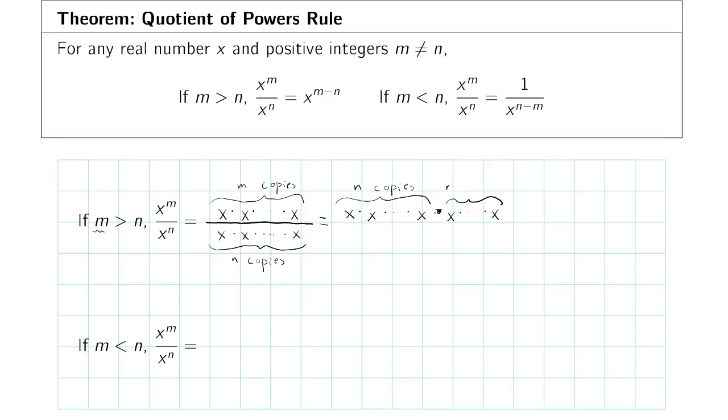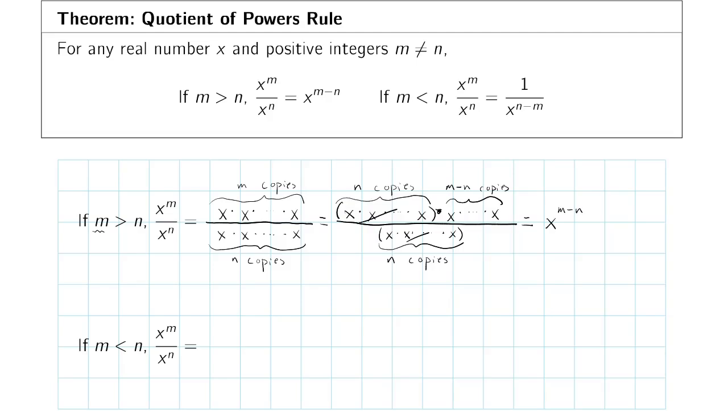Well, that'll be m minus n copies. And then in my denominator, I still have n copies. And so I have common factors between my numerator and my denominator, which I can cancel out. And all that remains is my m minus n copies. In other words, all that remains is x to the power m minus n.